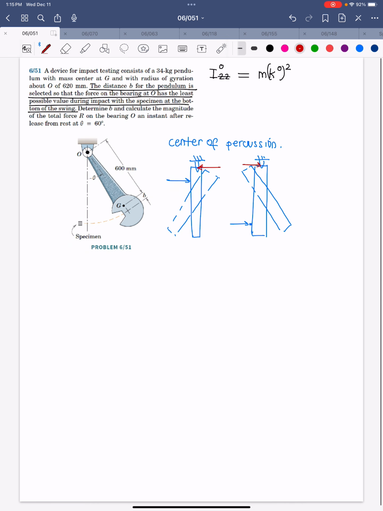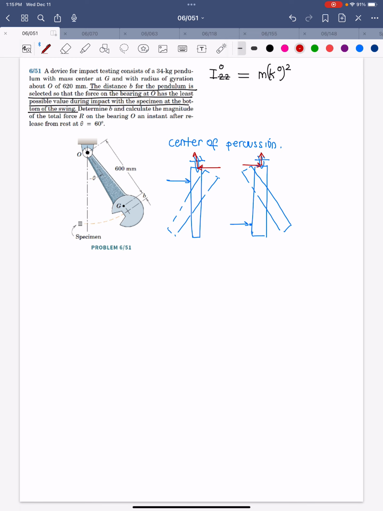Of course the reaction force at O also has a vertical component to counteract the weight. This does not have anything to do with the horizontal impact force. However, the location of the impact force flips even the horizontal component of the reaction force at O.